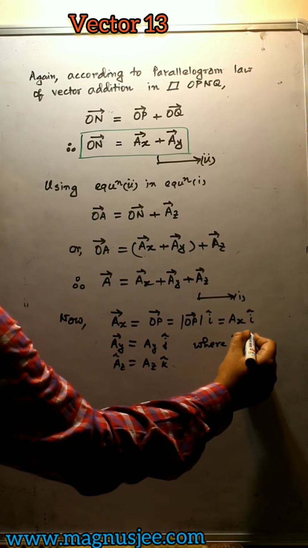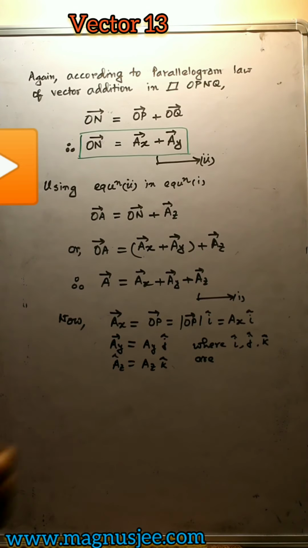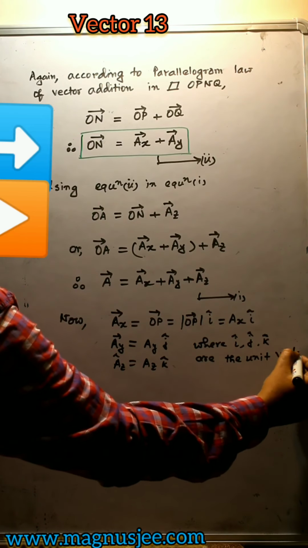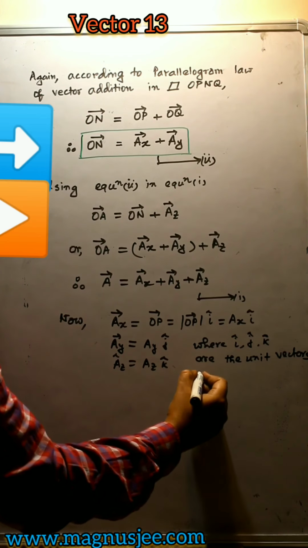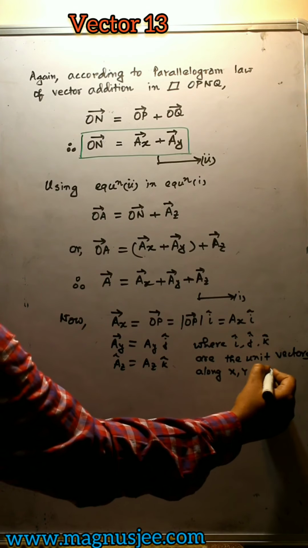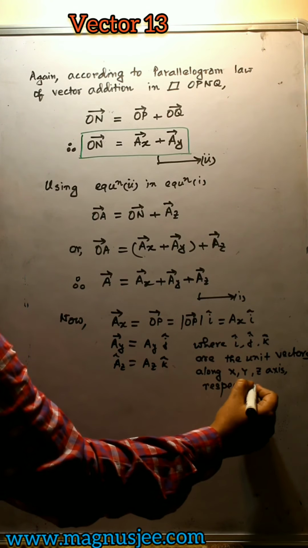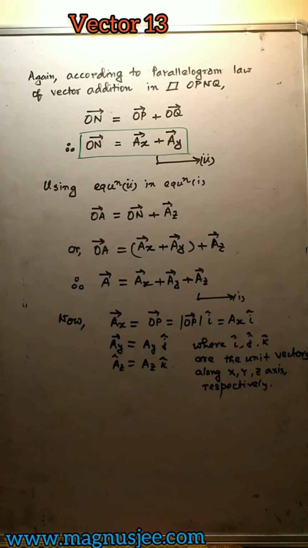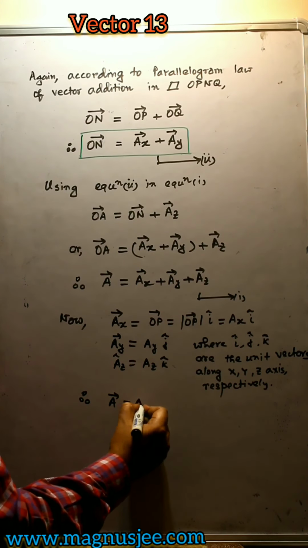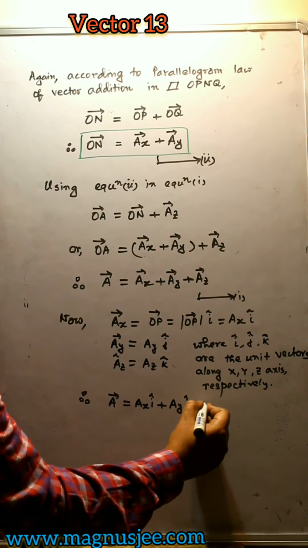Where i cap, j cap and k cap are the unit vectors along the x, y and z axis respectively. Therefore, vector A equals AX i cap plus AY j cap plus AZ k cap.